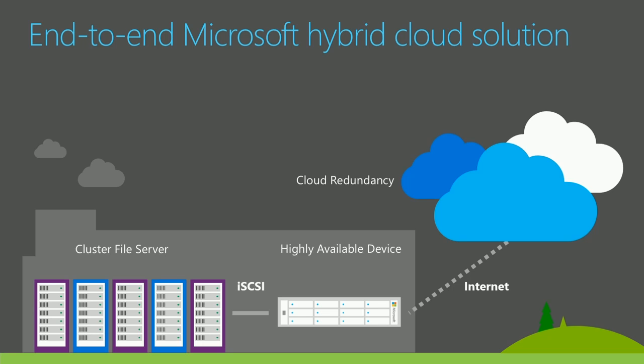In Azure, you have multiple ways of redundancy with geo, zone redundant, LRS, ZRS, GRS, those types of different redundancy in the cloud. So it's this completely Microsoft end-to-end solution with redundancy at each point to ensure that it fits into your enterprise environment.